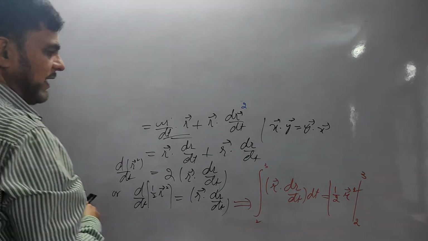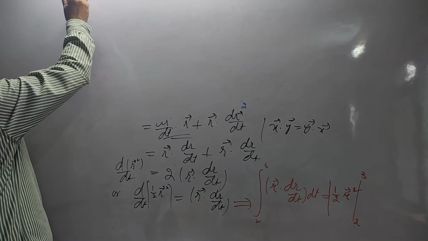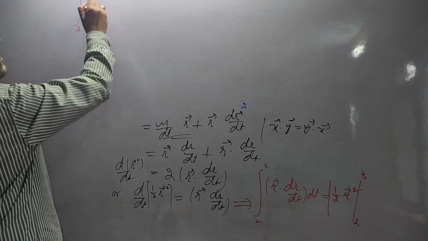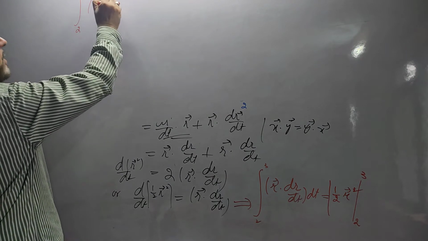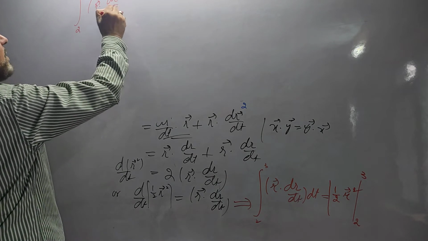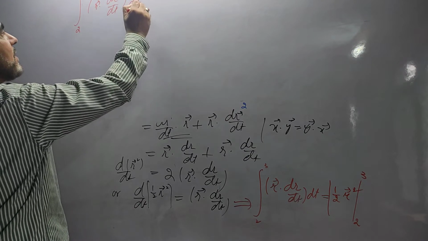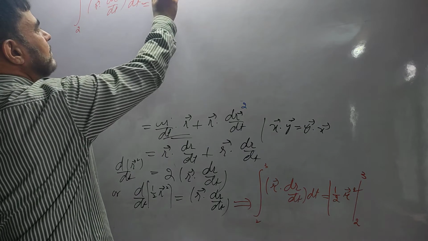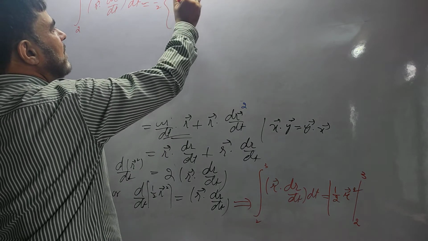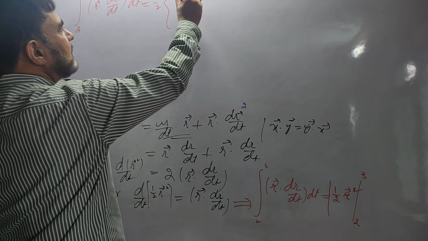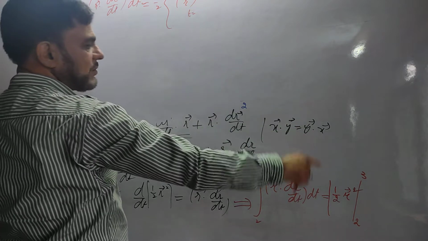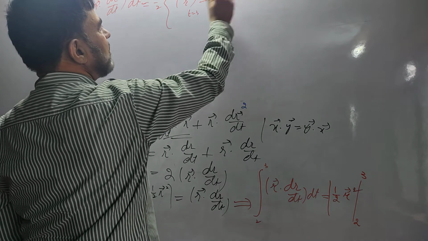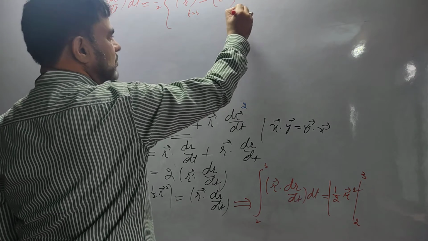So we have now the integral from 2 to 3 of r dot dr by dt with respect to t is 1 by 2, which we can take out, times vector r square at t equal to 3 minus vector r square at t equal to 2.